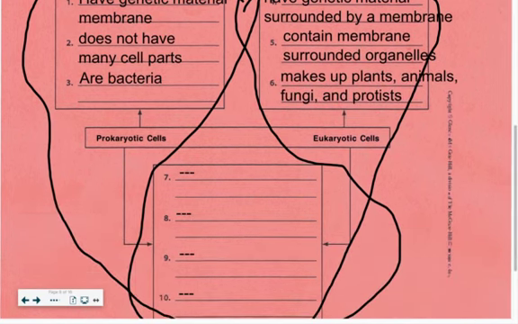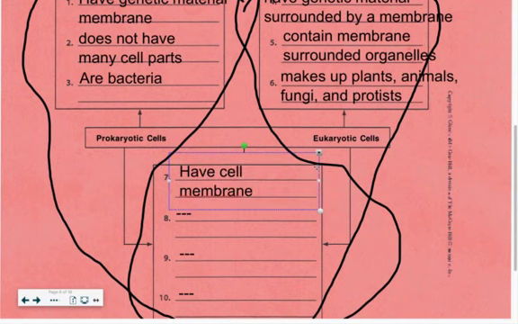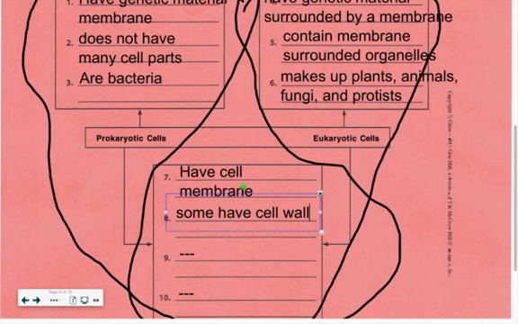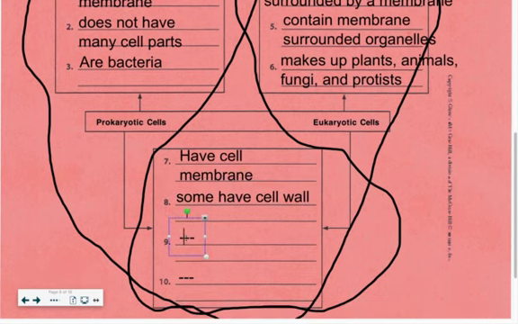Then the stuff that they both have in common: they have cell membranes. Some have cell walls. They have cytoplasm.